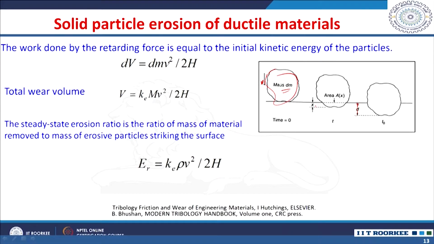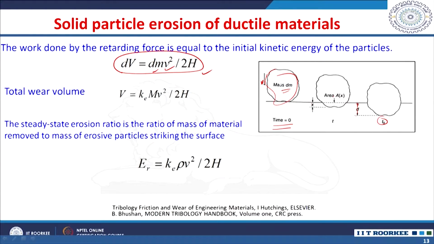The work done by the retarding force is equal to the initial kinetic energy of the particle, right. So, you can determine the work done by taking the velocity and the mass for the given eroded material's hardness, right. So, from time t0 to time t there is certain material removed.